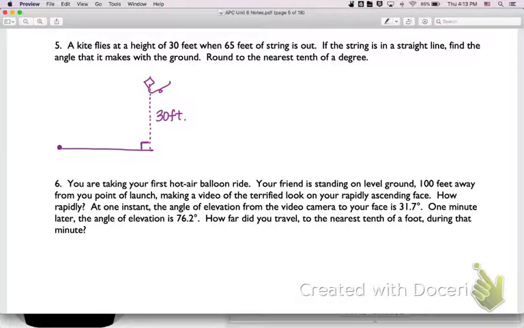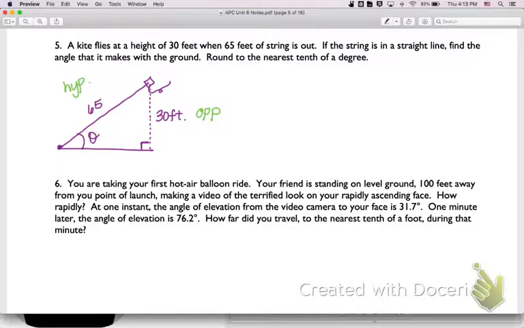And that's when 65 feet of string is let out. We want to find the angle that the string makes with the ground. Now this is different. We haven't solved for an angle before. So this time we need to figure out what the ratio is that we have. If we look at our angle theta, we have the opposite side and we have the hypotenuse.